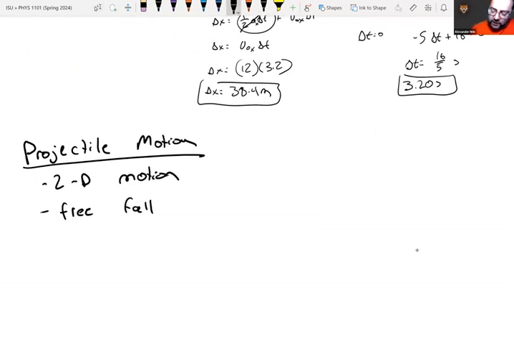Well, generally what it means is that v naught sub x does not equal 0 and v naught sub y does not equal 0. That's typically what we mean by 2D motion. Sometimes v naught sub y is 0.